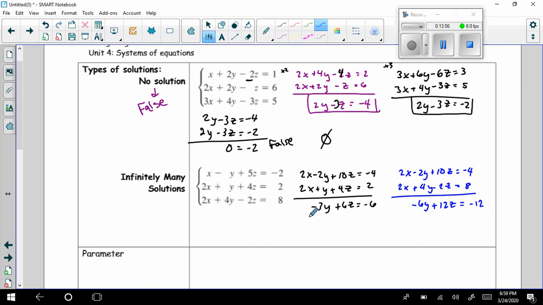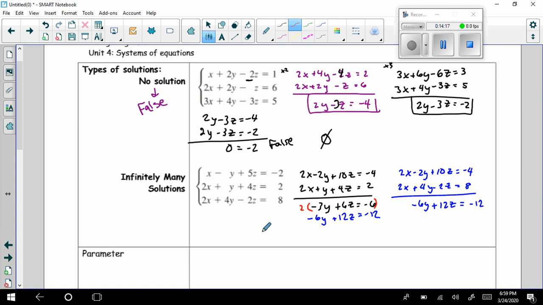And so when we put these equations together, and I'm just going to bring this one over here for the purpose of space. We can eliminate if we multiply through this top one by 2. So that gives us a new equation.